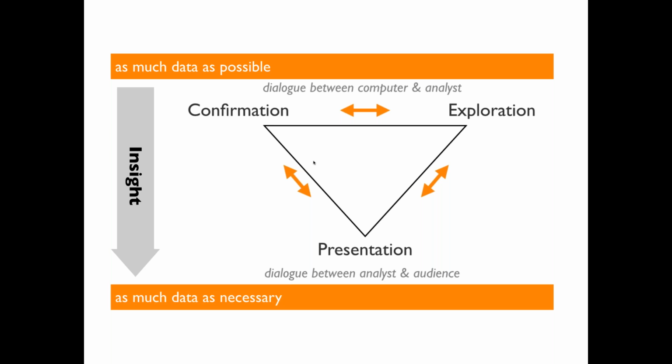You start out with all the data you can get your hands on. You use visualization and other data analysis approaches to come up with some insight, something you've learned about your data. Then when you communicate it, you strip it down to only the data necessary to get that message across. That is maybe the big take-home message of my presentation today.